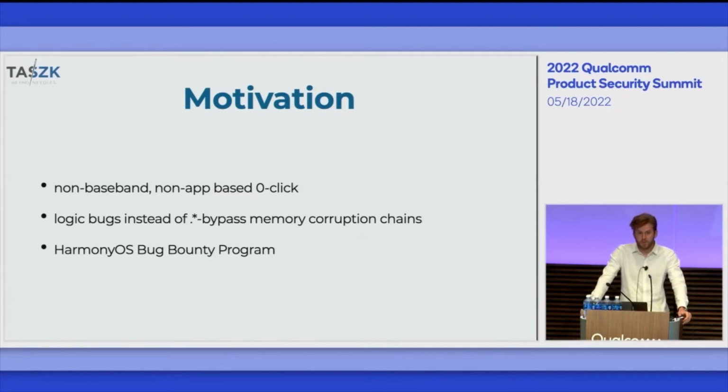And also, with doing that, they opened up a publicly accessible bug bounty program for this. So we took that opportunity to participate, and one of the things that they highlight in the program specifically is zero-click interfaces. So that's partly where our motivation came from.